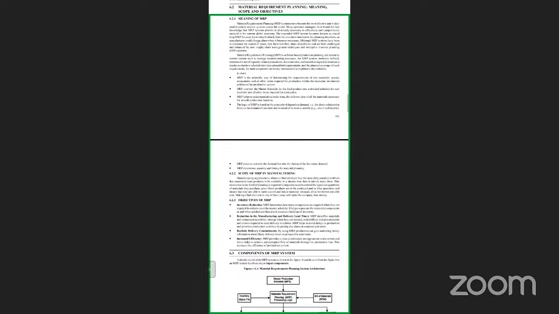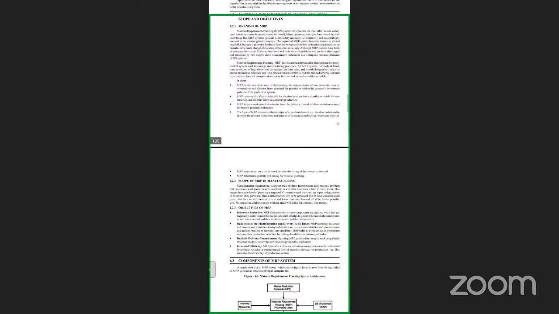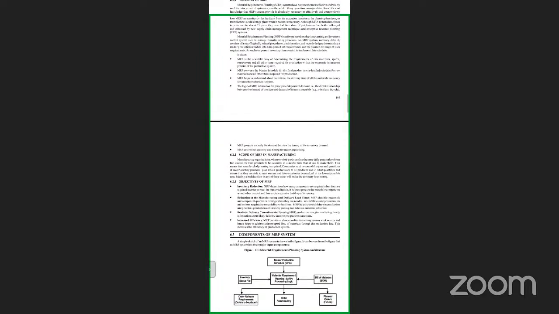Scope of MRP in manufacturing. So what is the scope that is there in MRP? That is manufacturing resource requirement planning. So here manufacturing organizations, whatever their products, face the same daily practical problems: customers want products to be available in a shorter time than it takes to make them.